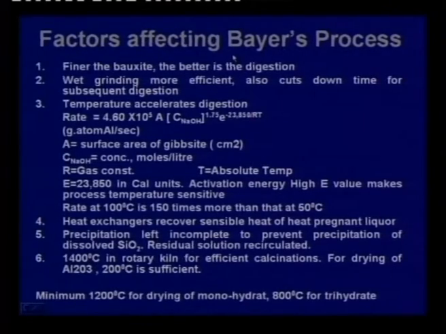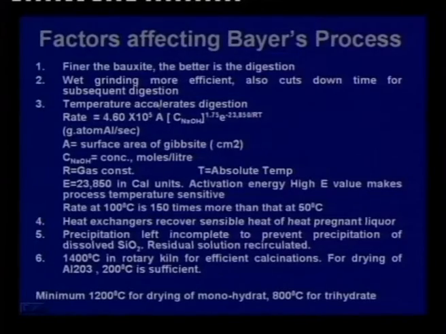And the key to aluminum extraction is Bayer's process, which produces pure alumina. It depends on many factors. Some of them have been considered: particle size, concentration of leach liquor. People have come out with an equation for the rate of leaching. Temperature should be high, and sometimes the leaching operates at 220 degrees.